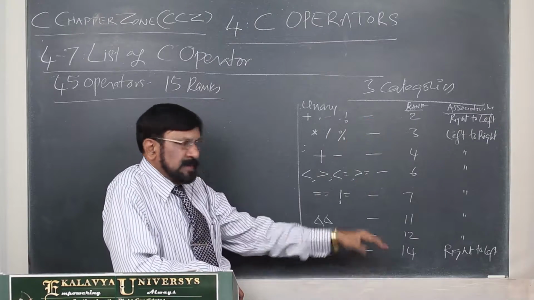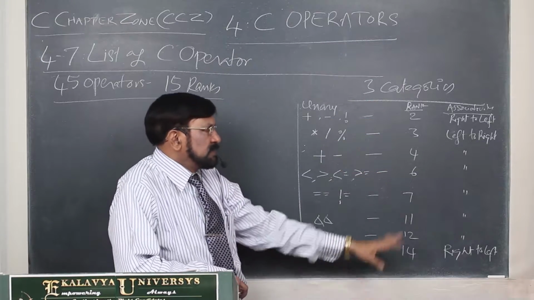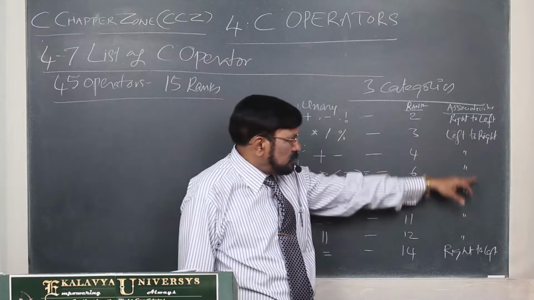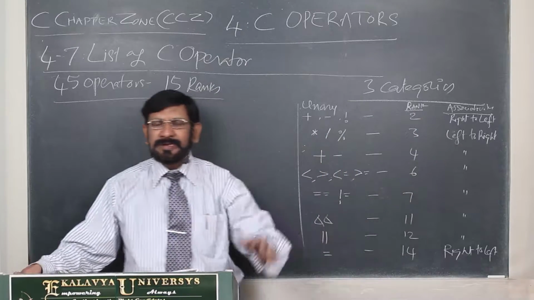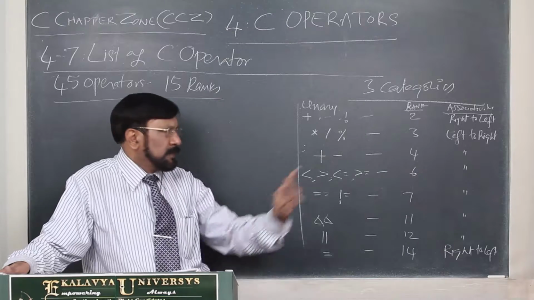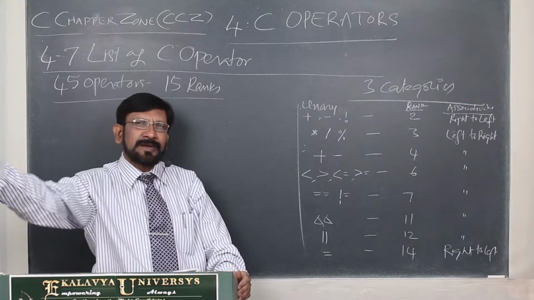All the operators are classified into 15 groups depending on their precedence, and for every group of operators, the associativity is given like this. As far as associativity is concerned, for most operators except a few, the associativity is left to right, meaning in order of occurrence.